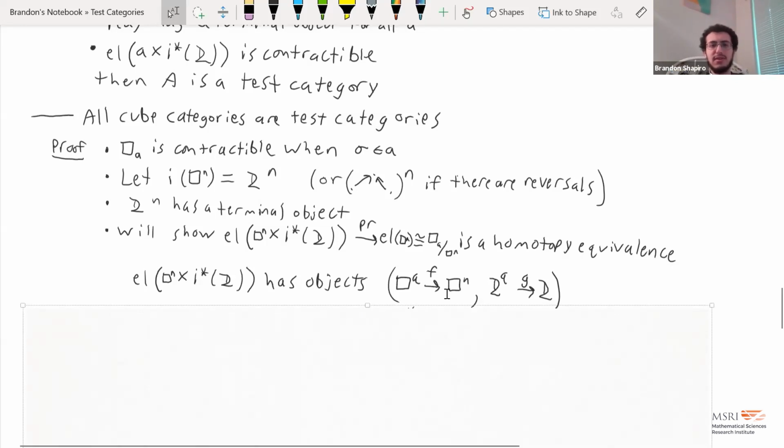So the first component looks the same. It's just maps F from the Q cube to the N cube, which I think before was M, but hopefully that's not confusing. Except now, instead of a cube in the second component of our product, we have I star, the interval, which we've defined using the walking morphism.